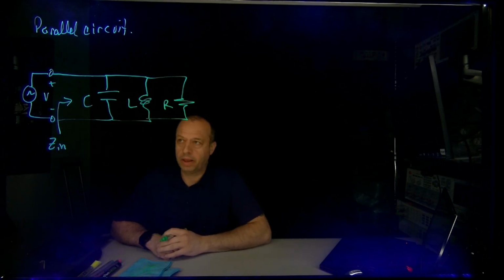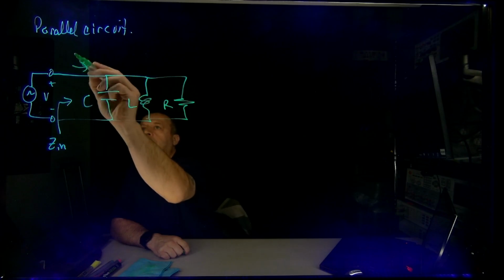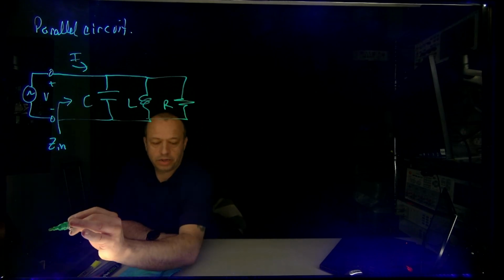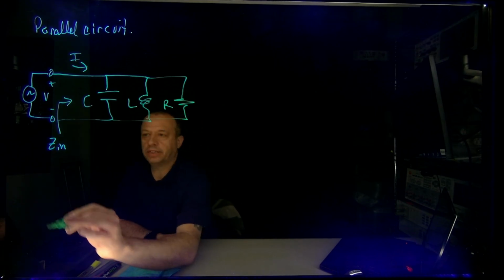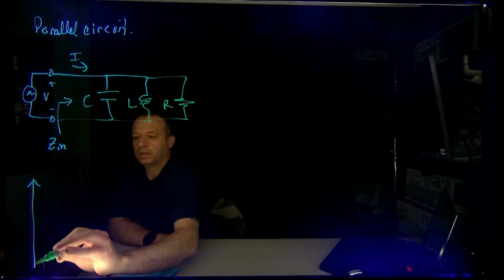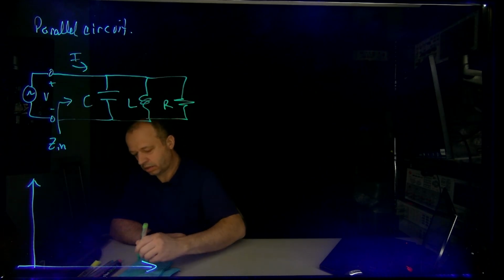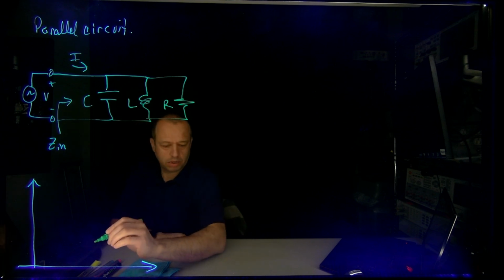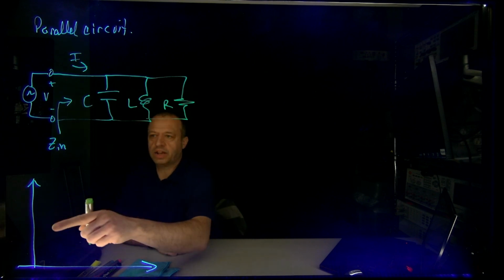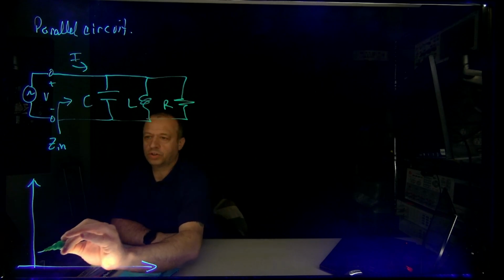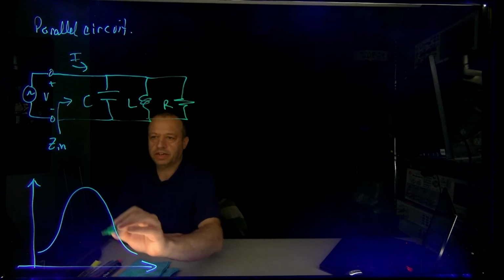We have some current going through this and some voltage, and then this plot should look something like this. Instead of the dip, we're doing this in reverse, so it should look something like this.